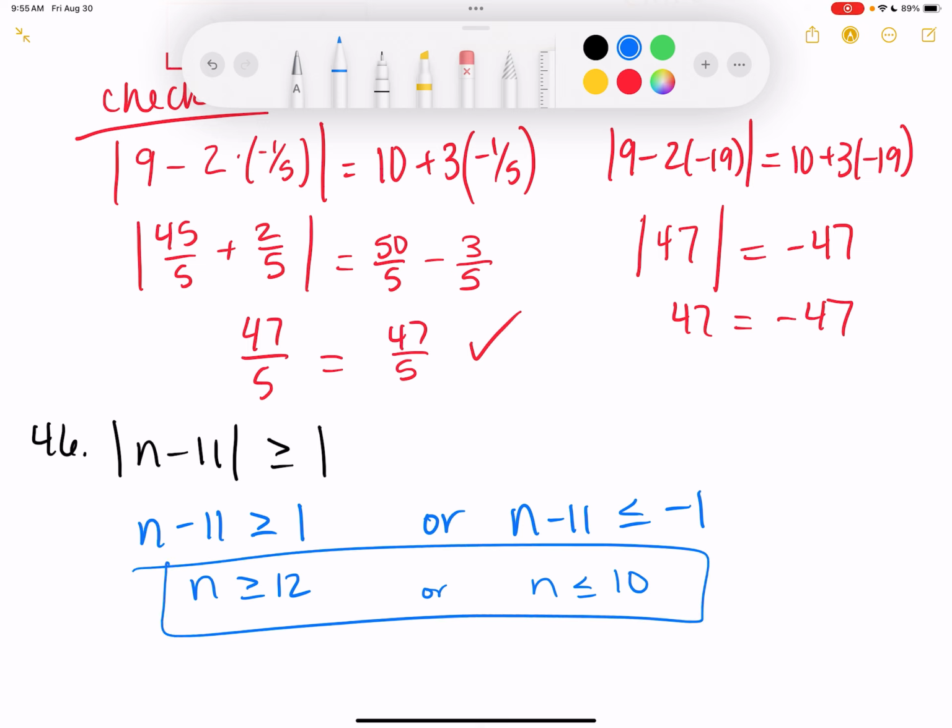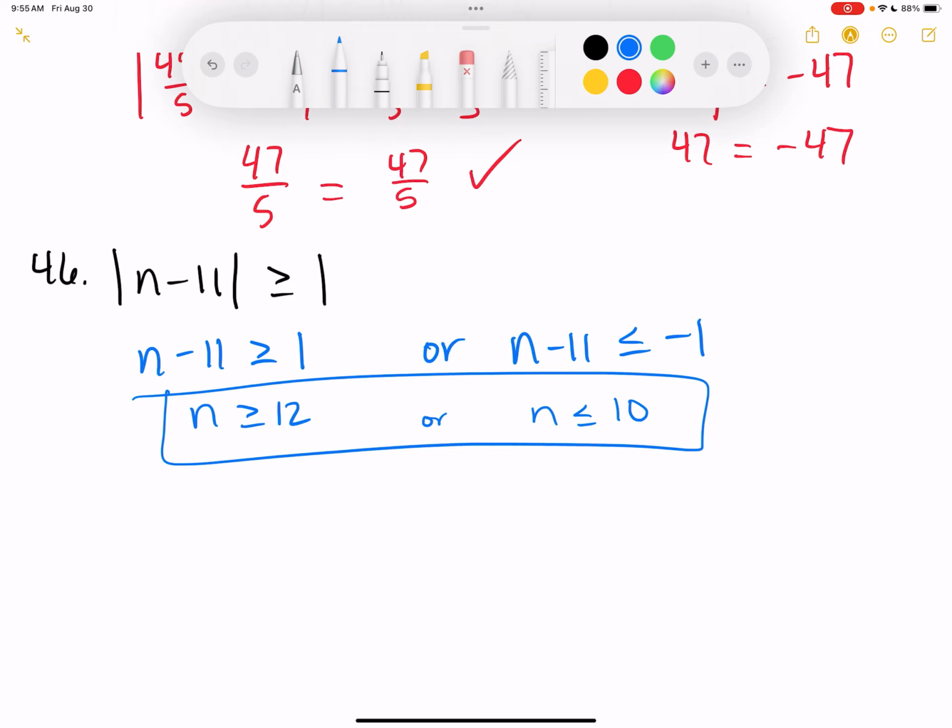I can rewrite them in the correct order if I want to, but I don't care that much, so I'm going to leave them like that. And obviously this is an or because n is less than or equal to 10, or it's greater than or equal to 12. We can also end up with an and situation, so just be aware of that. Then you would need to combine them together.